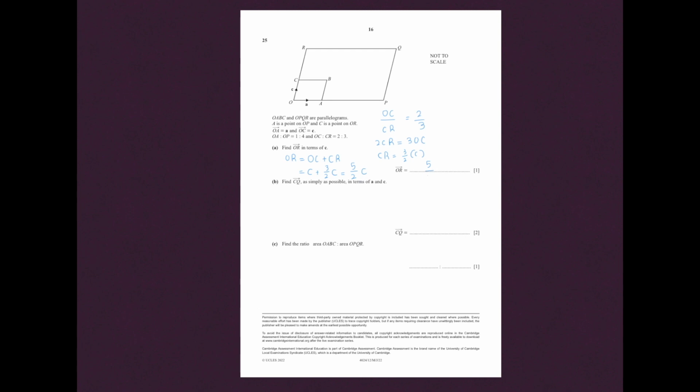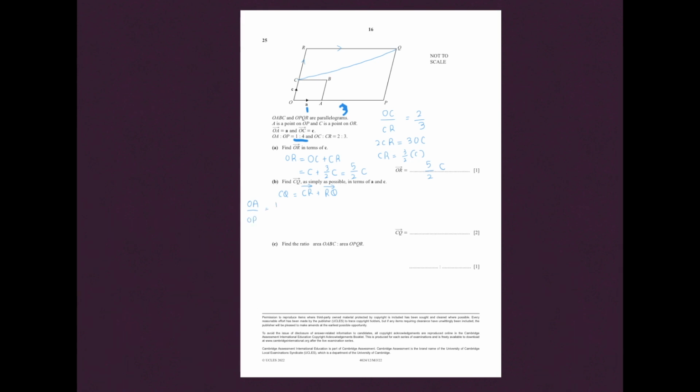Then I need CQ. How will I get CQ? It's going to be CR plus RQ. You have just found the answer of CR. About RQ, the hint is given below. This is 1, this is 4, no this is 3, because the entire OP is 4.